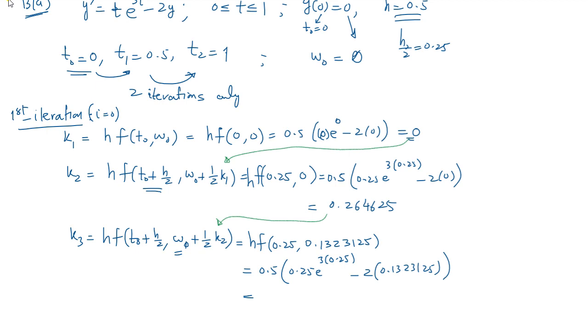So this will be minus. 0.264625 minus 0.5 into 2 becomes 1, right? 0.5 is 1 by 2 into 2 becomes 1, and minus 0.1323125.